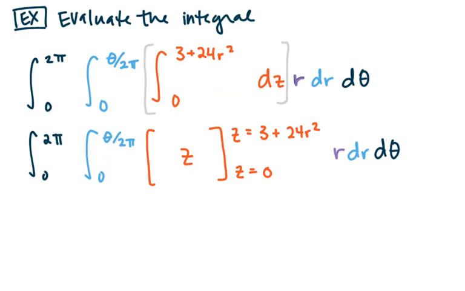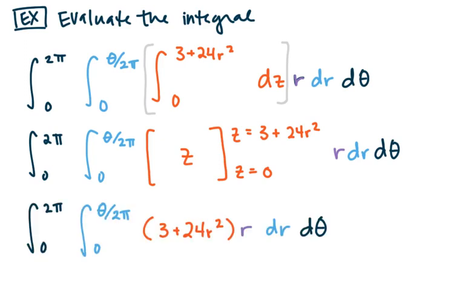I integrated nothing, and I got z. So these two functions were z in terms of r and theta, and they're really rather simple. It's actually just z in terms of r. So plug this in. I will get 3 plus 24r squared minus 0, which is just 3 plus 24r squared, which leaves us with a product, bringing that r in as our integrand.